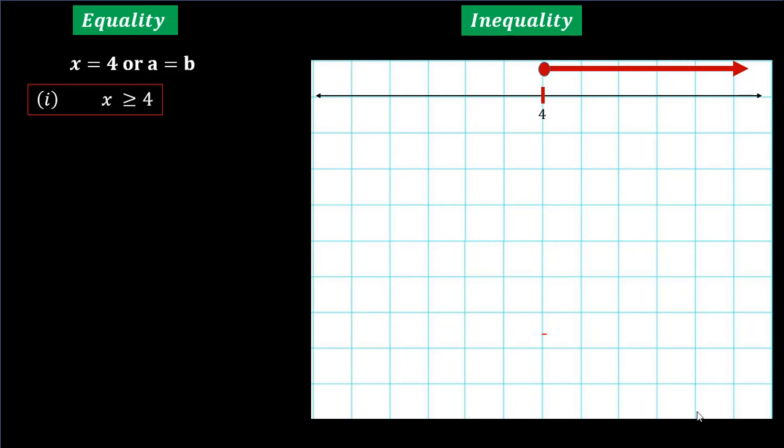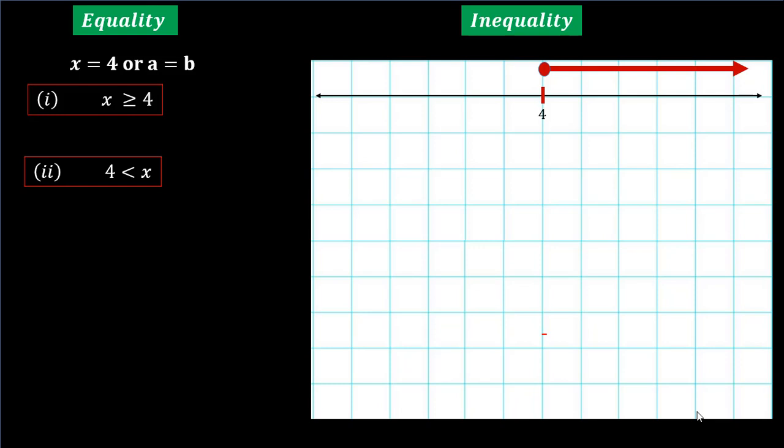Sometimes, students, you may be asked to illustrate the information the other way around like this. 4 is less than x, and I told you in these cases read the inequality from right towards the left. That is the same as saying x is greater than 4.